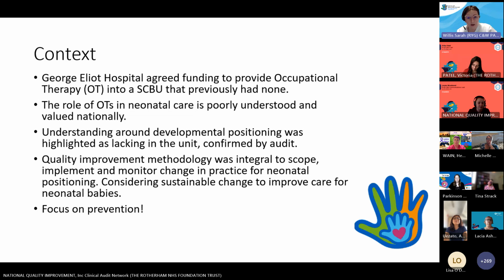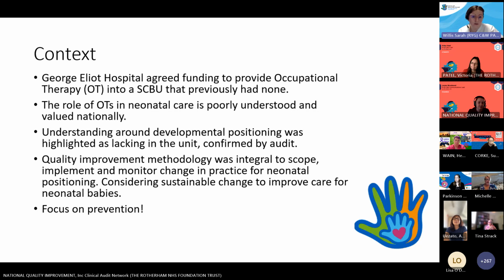They were very happy to realign some of their funding from a nursing vacancy to advertise for a developmental therapist that could be an OT or a physio, in line with some kind of national recommendations about the need for therapists. But it was also worth recognising that actually the national recommendations would advise that a unit like this and all units across the country ideally need both an OT and a physio. And there are areas where we overlap, but there are things that we have unique specialisms within.